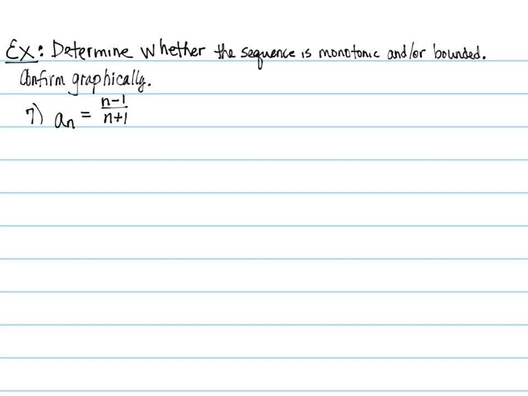So you're only looking from 1 to infinity on your graph. Visually speaking, is it monotonic from 1 to infinity? Don't look at the left-hand side. Does it look like it is? Monotonic means it's only increasing or only decreasing.